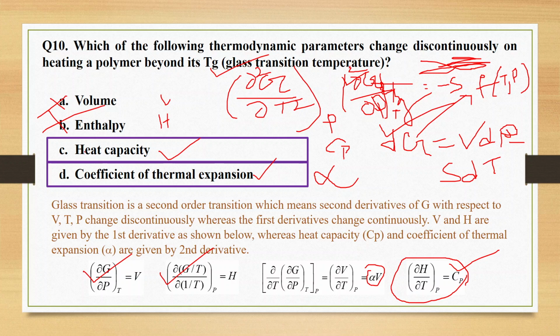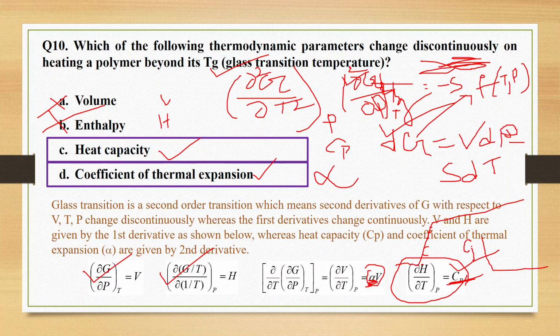So the rest of the options were heat capacity and thermal expansion. We do know that the second order derivative gives us heat capacity and coefficient of thermal expansion. So in case of second order, these two particularly will change discontinuously.